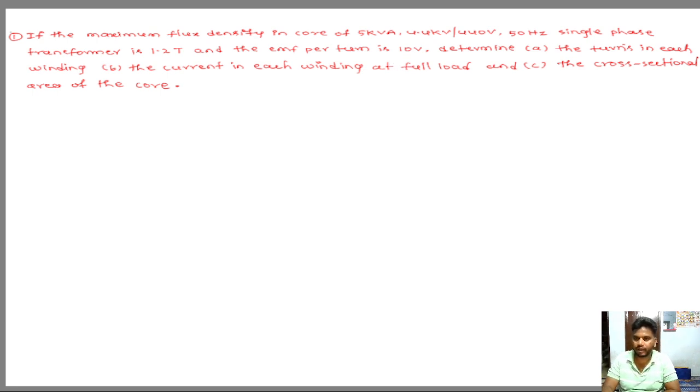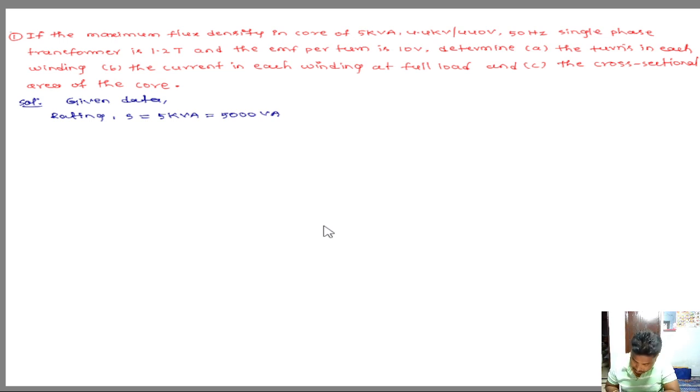First write the given data as it is. Given data. First, the rating of the transformer, denoted by letter S, is equal to 5 kVA, that is equal to 5000 volt amperes, because transformer rating is in volt amperes.